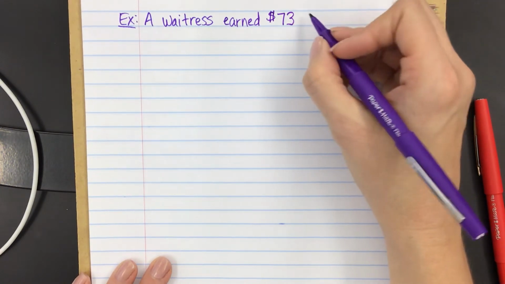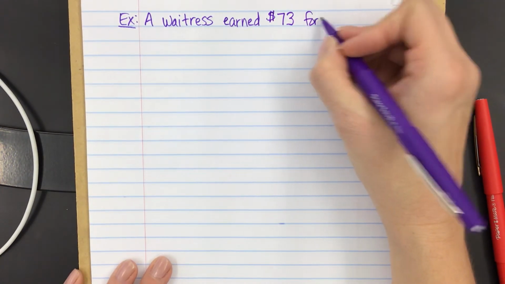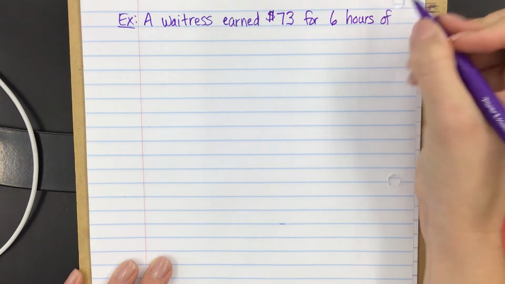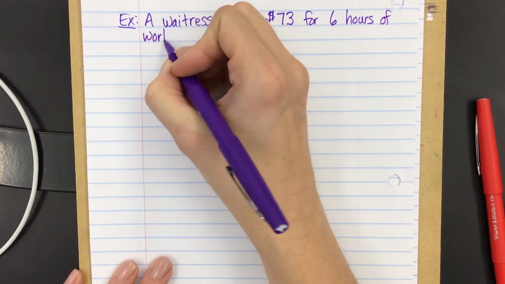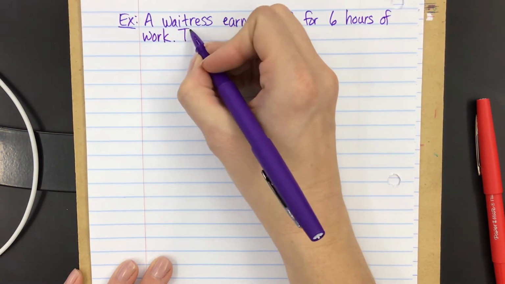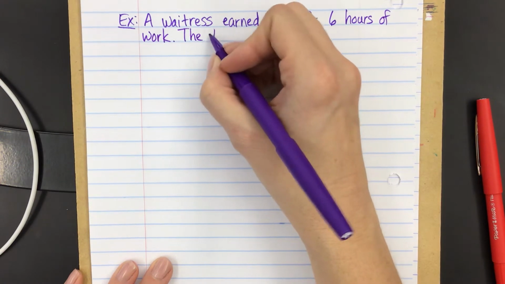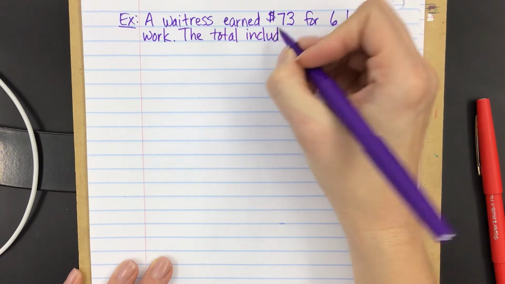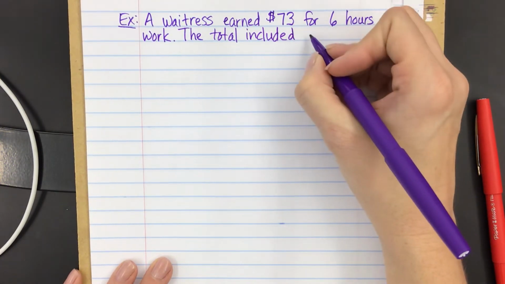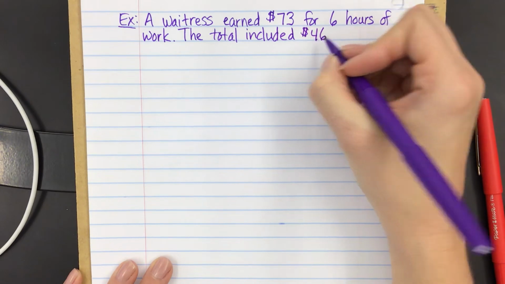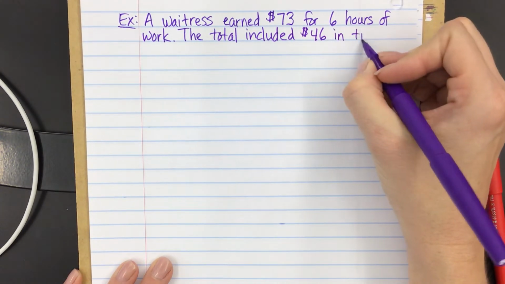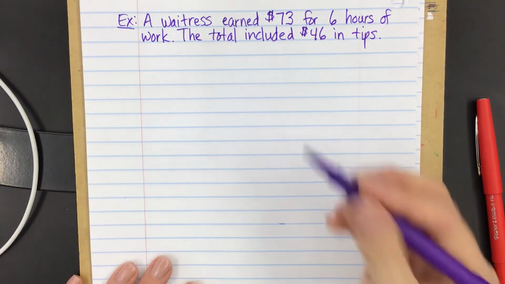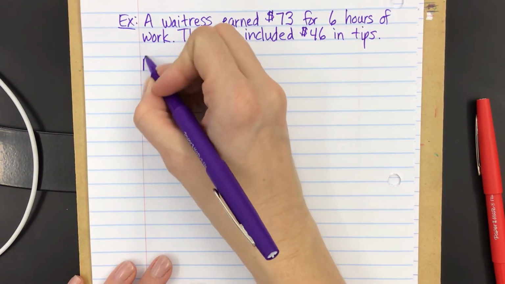So a waitress earns $73 for 6 hours of work. The total included $46 in tips.